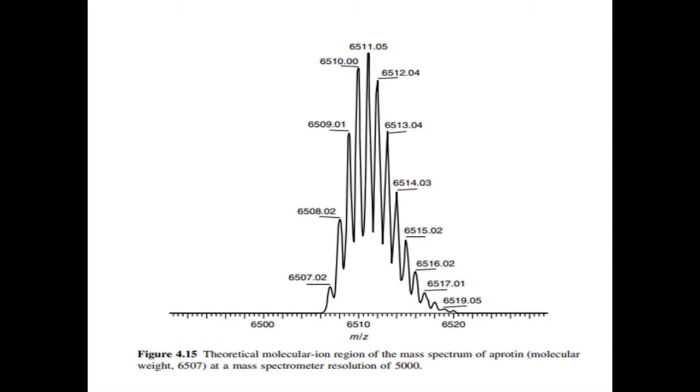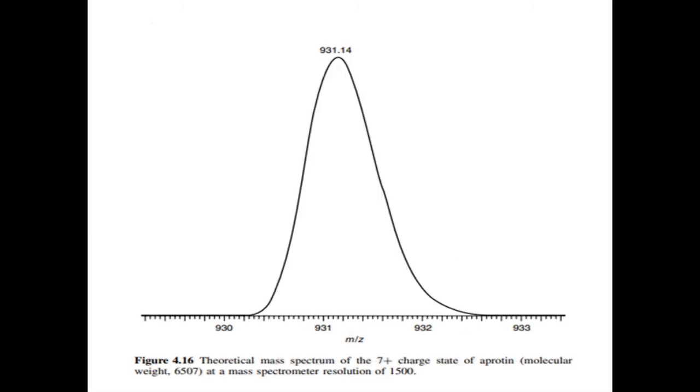The inability to resolve the individual isotopic contributions has a significant effect on the molecular weight of the analyte that is then calculated. If the measured mass to charge value shown in figure 4.16, 931.14, is used to derive the molecular weight by using equation 4.3, a value of 6510.92 is obtained.